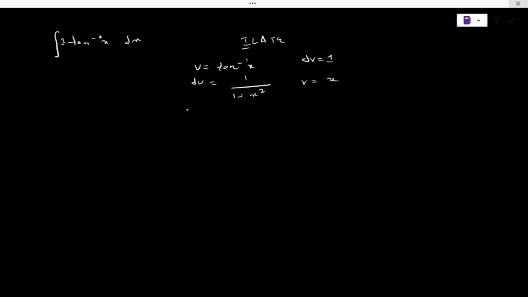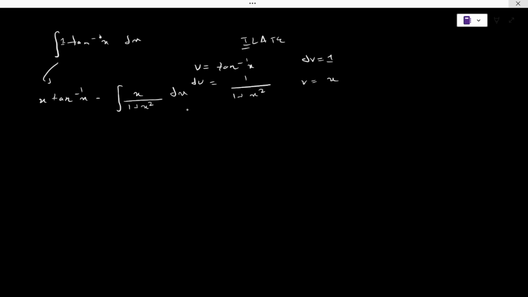So we can rewrite this as u times v, which is x times tan inverse of x, minus the integral of du times v, which is x upon 1 plus x squared dx.